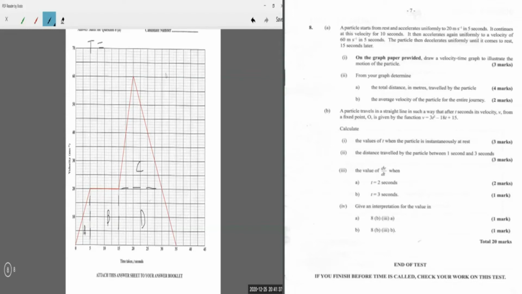Area of a triangle is half base times height. So it's going to be equal to a half the base of 5 times the height of 20, that gives you A, plus the area of this rectangle, which is the length of 10 seconds times the width of 20.